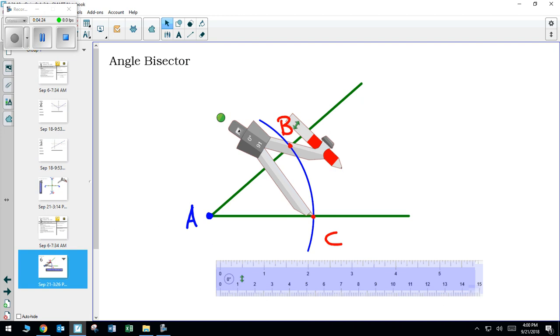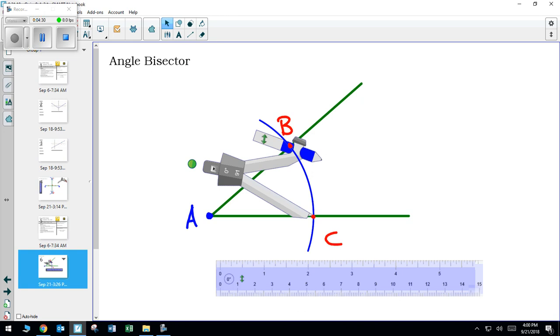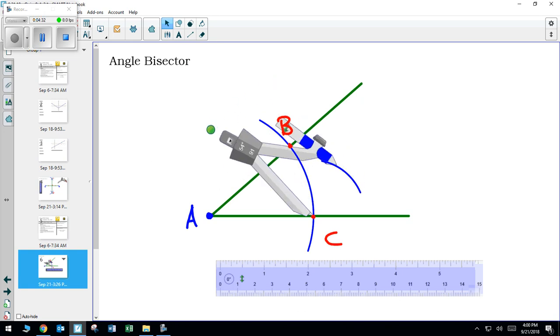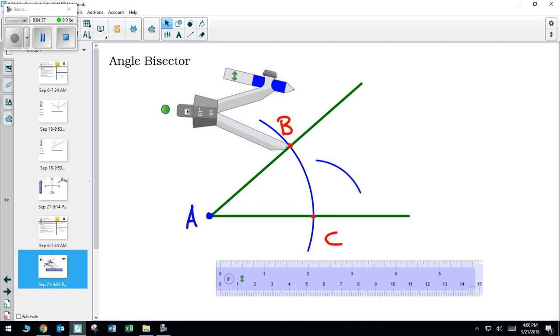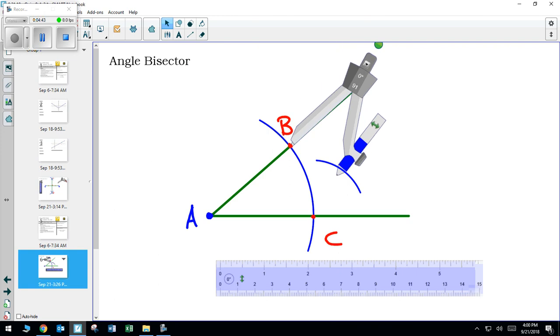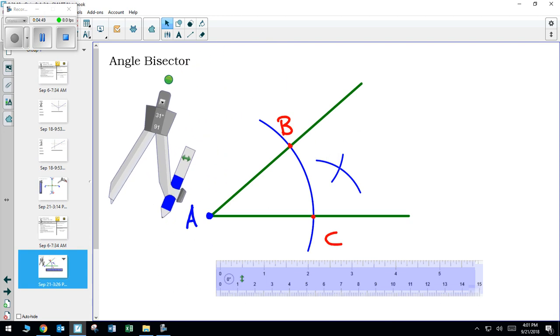And you're going to use the compass to make an arc in the middle of your angle. And then you're going to pick up the compass, put the point on the other intersection, and then you're going to make an X from that point. And we're going to call that point of intersection D.